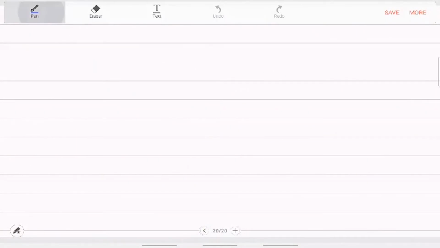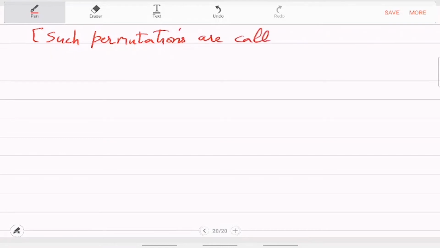So, this by the way, such permutations are called derangements. So, this calculation will also be a count of derangements on n elements. So, let us do the analysis.